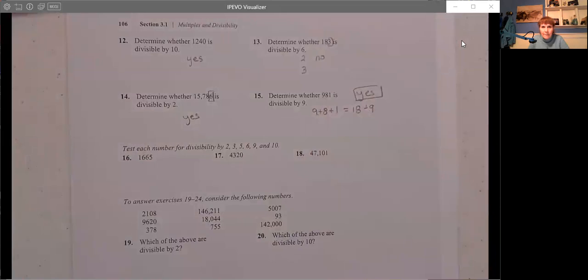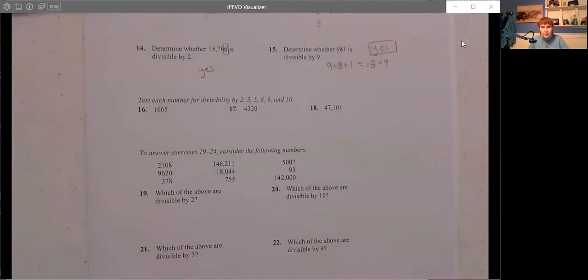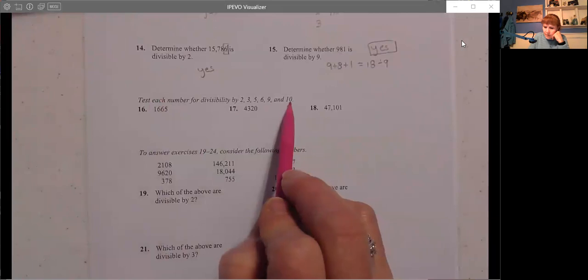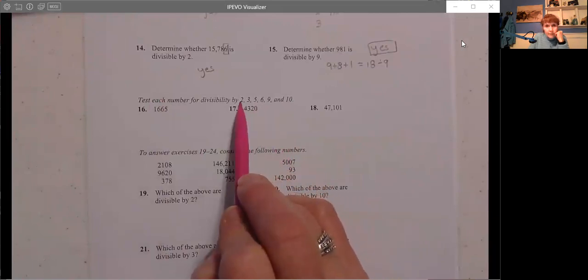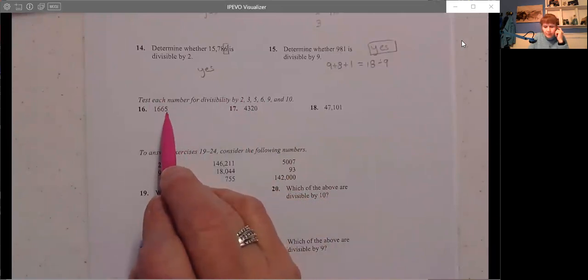All righty, good. Well, let's look at maybe some of these, 16, 17. I don't know if we'll do 18 or not. We'll look and see. Given this number, which one of these would go into it evenly? Well, maybe there's more than one. Is it divisible by 2?